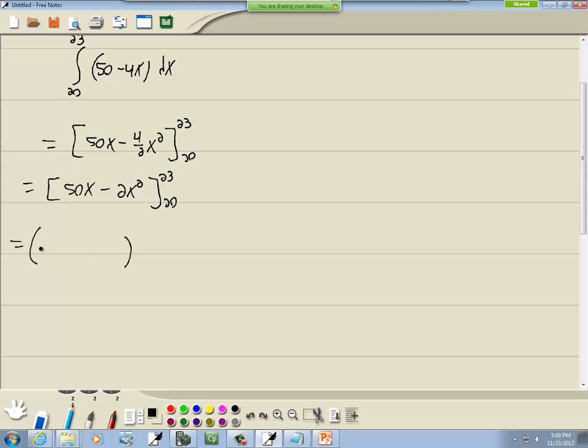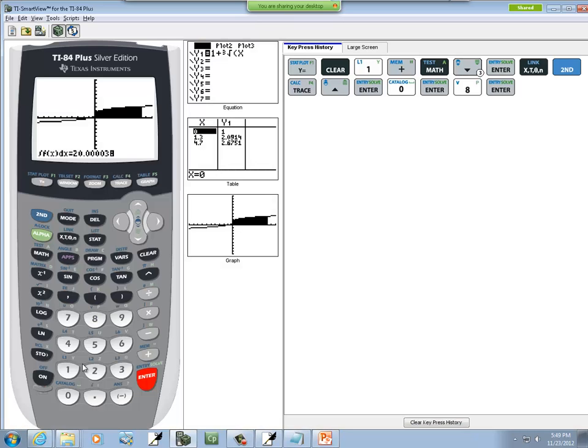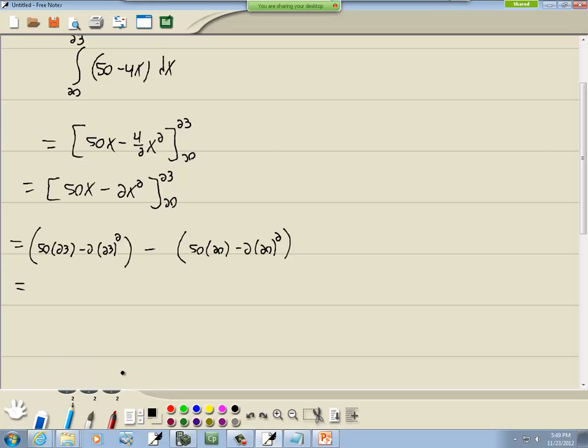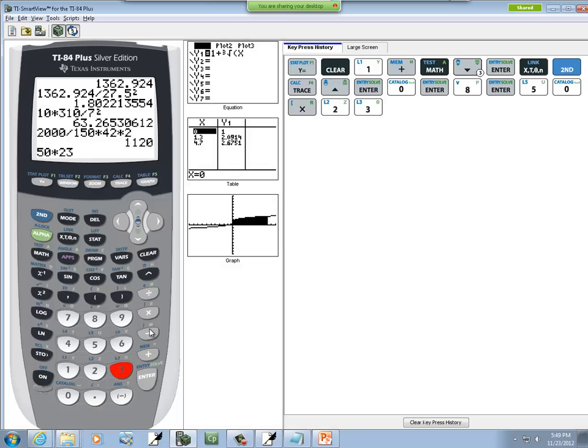Now we plug in these values. So I got 50 times 23 minus 2 times 23 squared, minus 50 times 20 minus 2 times 20 squared. 50 times 23 minus 2 times 23 squared.